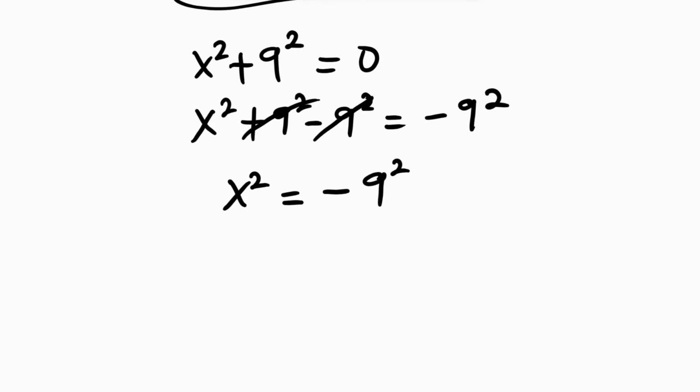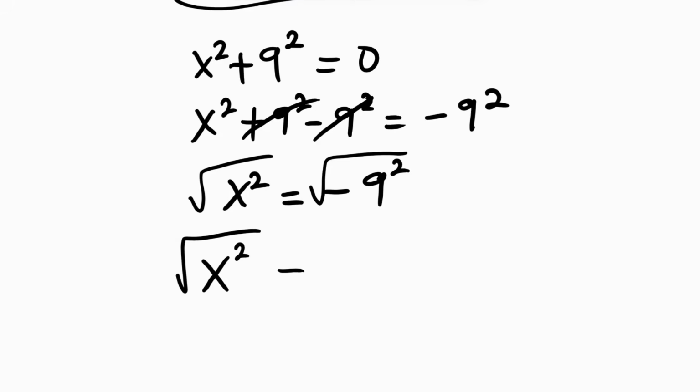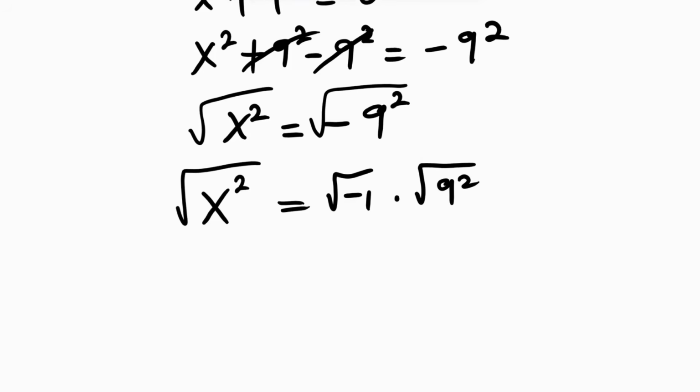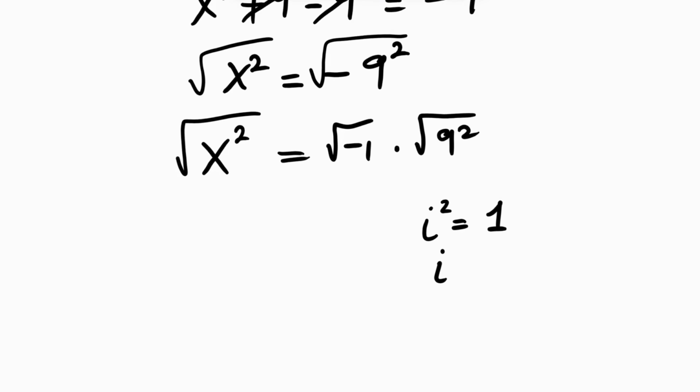So if we take the square roots of both sides, let's rewrite the right hand side first. This becomes the root of minus 1 times the root of 9 squared. We know that i squared is equal to minus 1. Therefore i is equal to the root of minus 1.